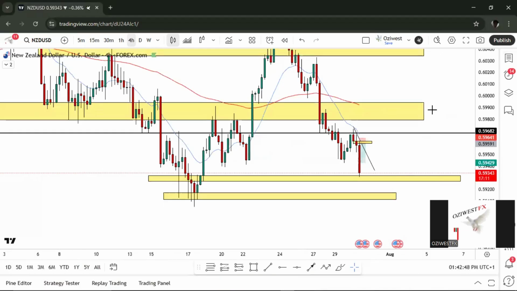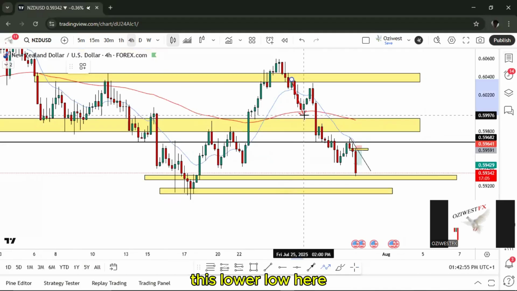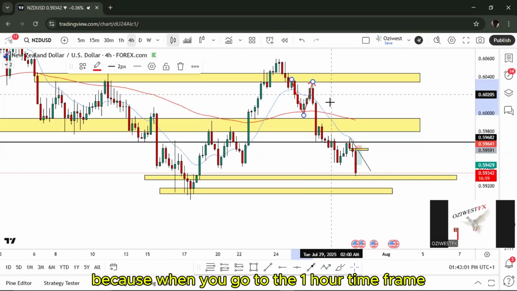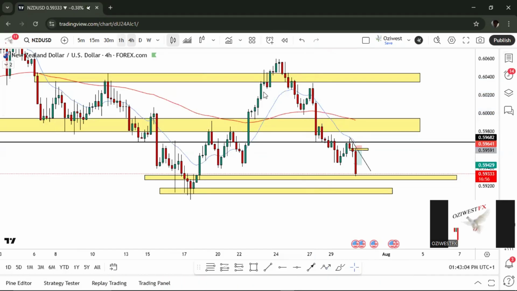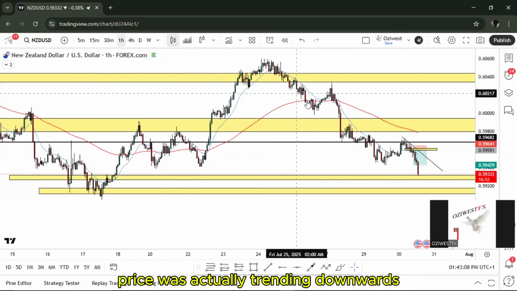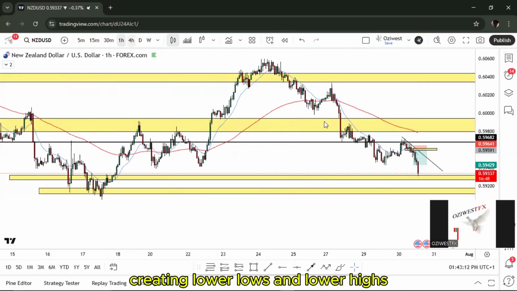Price created this lower low here, lower high. Now this here is a lower low because when you go to the 1-hour time frame, you're going to see that price was actually trending downwards, creating lower lows and lower highs.